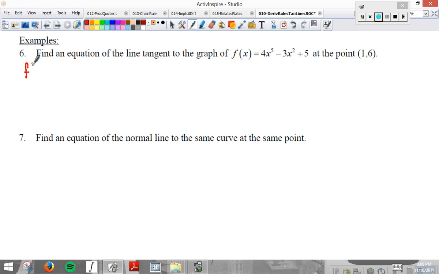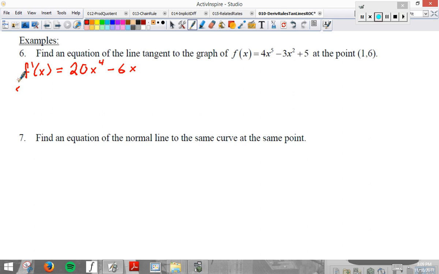So let's find f prime of x, the first derivative of f. 5 times 4 is 20. x to the 5 minus 1 is 4. 2 times negative 3 is negative 6. 2 minus 1 is 1. We usually don't write exponents with 1. The derivative of 5 is 0, because 5 is just a constant. The slope of a constant, the slope of a horizontal line, is 0.